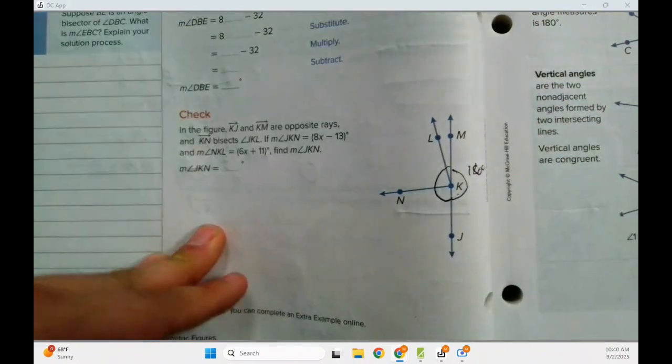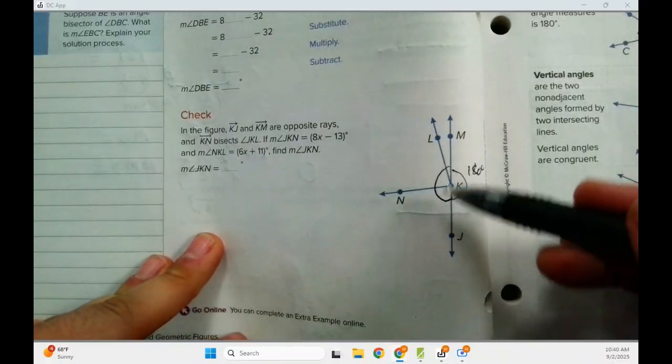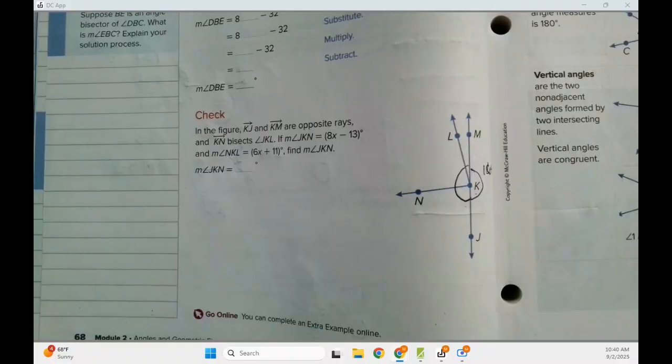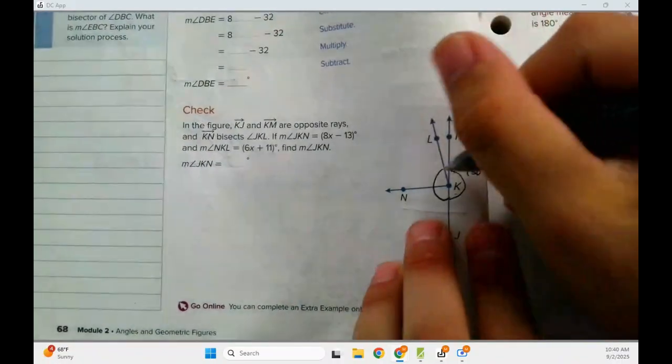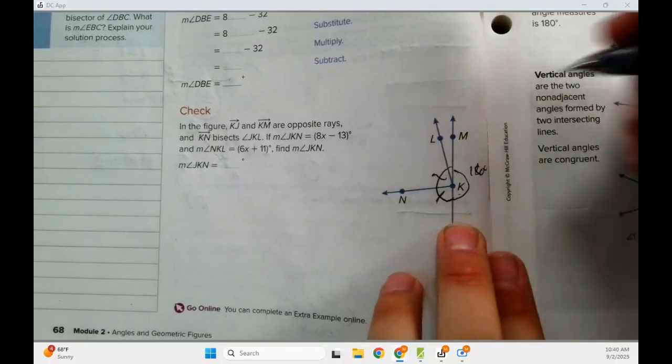So here's JKL, J to K to L. Bisect means what can I say about the two interior angles here? The two interior angles that have been divided, if it's bisecting, what can I say about their measures? They're the same. So I'm going to put little dashes just to say that those are the same.